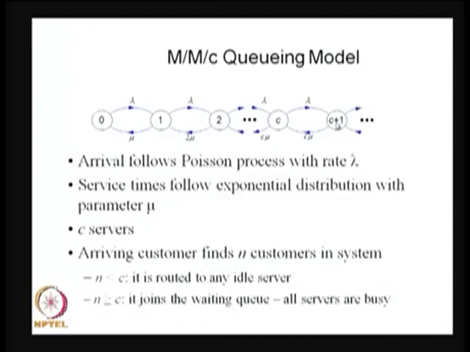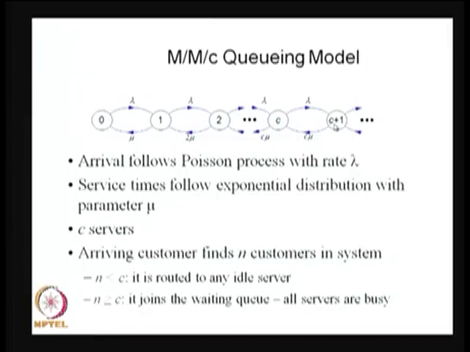The system moves from C plus 1 to C when one of the C servers completes the service. Therefore, the rate will be C mu, the service completion rate being exponential with the parameter C mu, not C plus 1 mu, because we have only C servers.